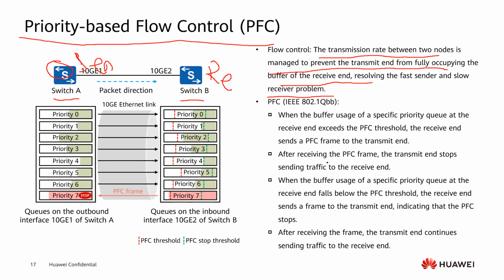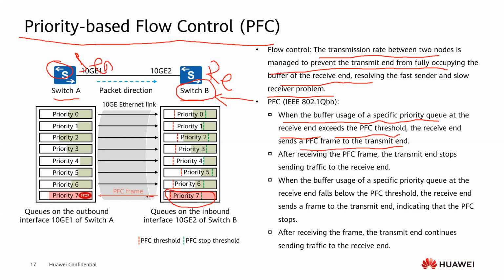So when the buffer usage of a specific priority queue at the receive end, that means switch B, one of the queues is congested on switch B. For example, priority 7 is congested and exceeds the PFC threshold, the receiver end sends a PFC frame to the transmitter end.